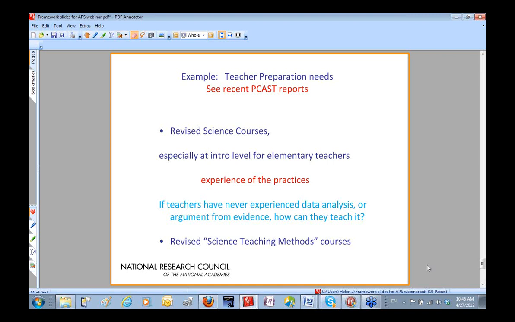So this framework puts demands that go well beyond change in the high school classroom to change from kindergarten through college level all the way to graduate level teacher preparation courses. And I'm just throwing it out there and doing everything I can to make sure everybody who needs to be aware of it is aware of it, so that we can together make progress on all these fronts.